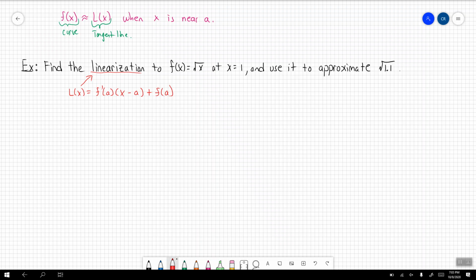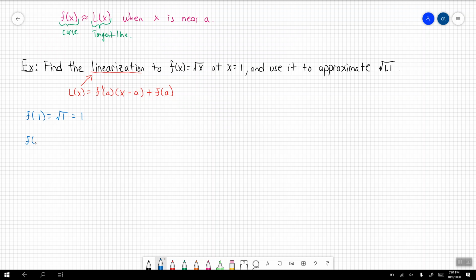Number one, we're going to need to evaluate the function at x is equal to 1. That's our a value. So the function evaluated at 1, that's going to be the square root of 1, which is 1. Great. I need my derivative.